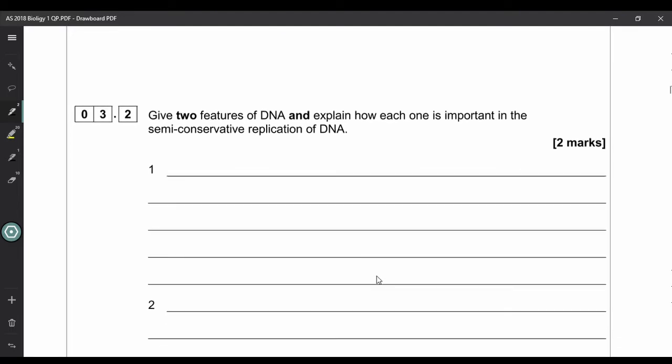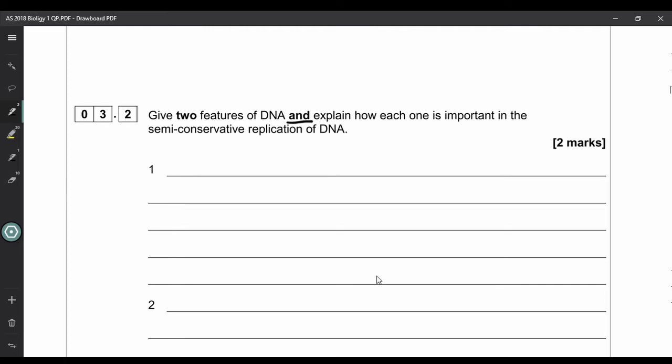The second part, give two features of DNA and explain how each one is important in semi-conservative replication of DNA. Now again, a lot of students did the first bit, they gave a feature, but they didn't explain how that's important, and that led to only just over 9% of students scoring the 2 marks for this question.